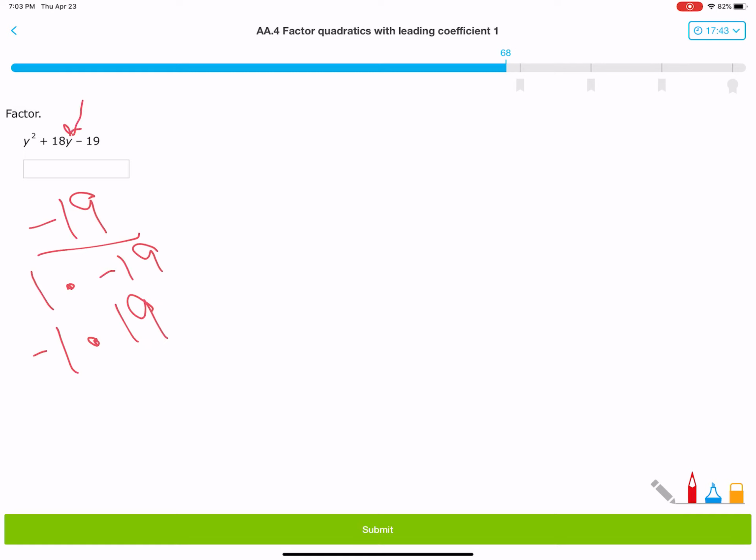And the second group was minus 1 and a plus 19. Minus 1, plus 19.